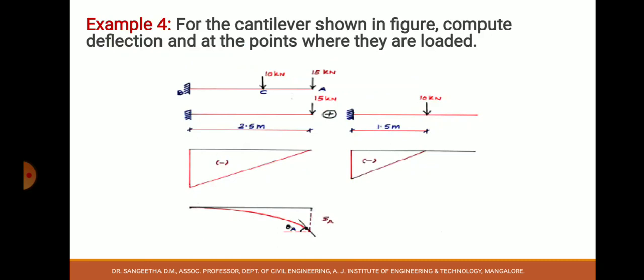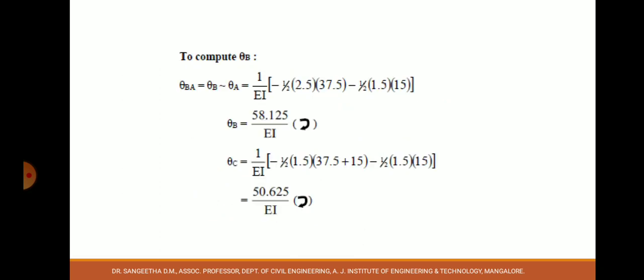EI is constant throughout. Half into 2.5 into 37.5, plus half into 1.5 into 15. You are adding them, and since it is below the line you take it as negative; if you take the minus outside, it becomes plus. And this theta B is anti-clockwise, divided by EI.